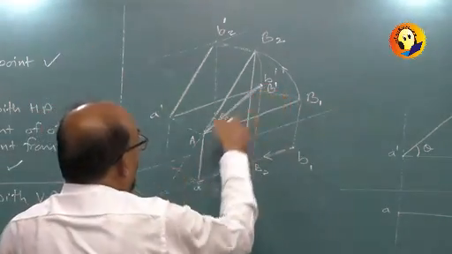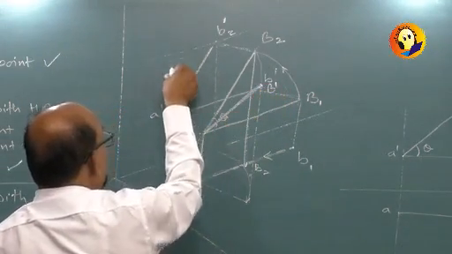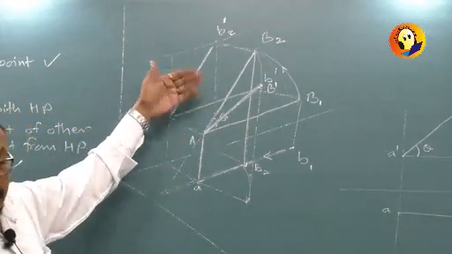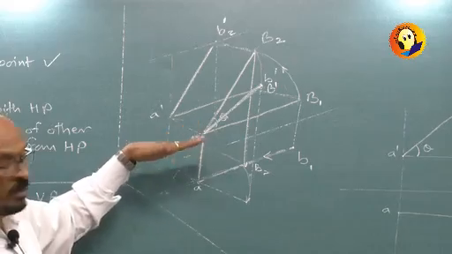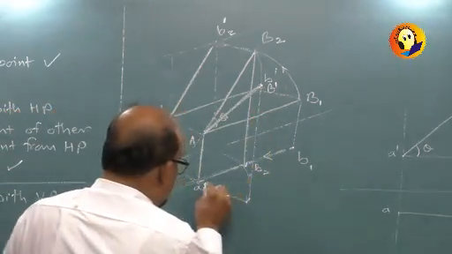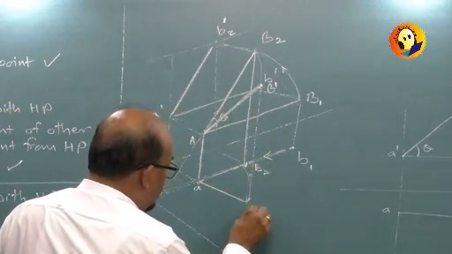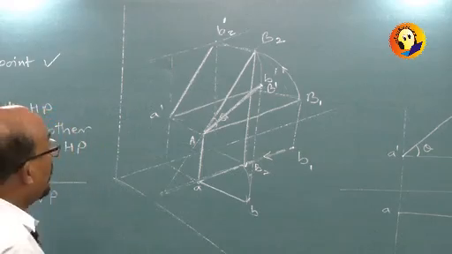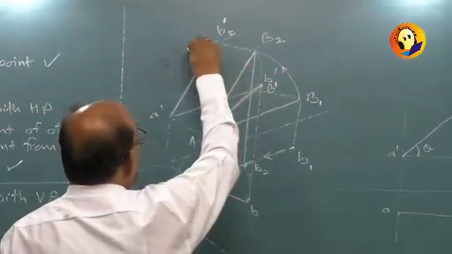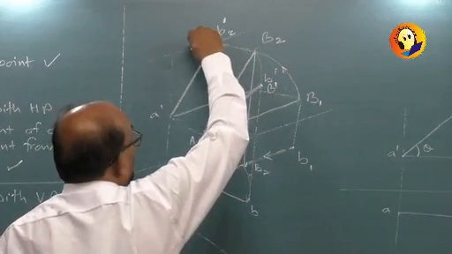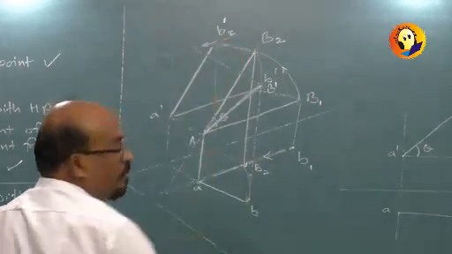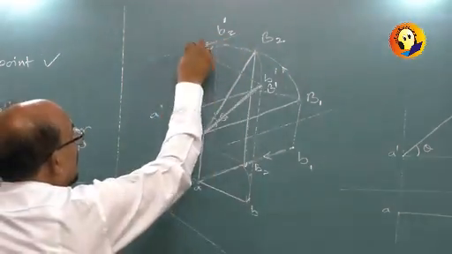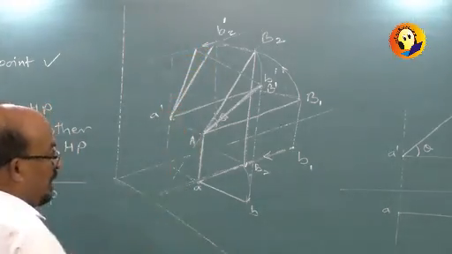So point B might reach this point if it is rotated by some angle. Are you getting this? Right now it is the rotation which is seen in plan, and it stops here. Now B point will move. It will be moving parallel to XY and will stop, and here I will get the elevation length.